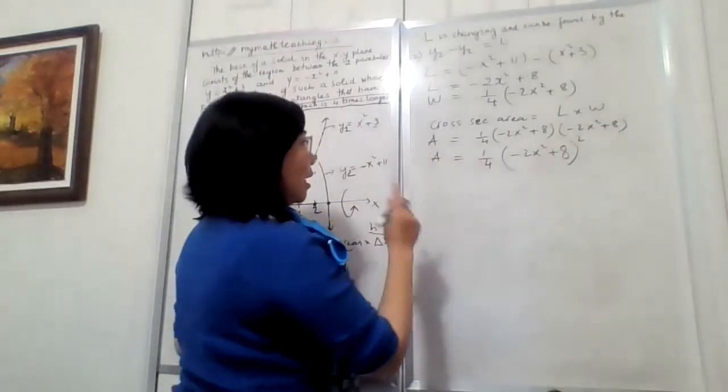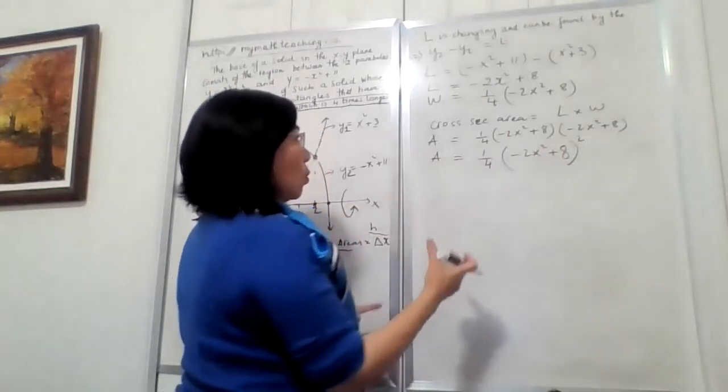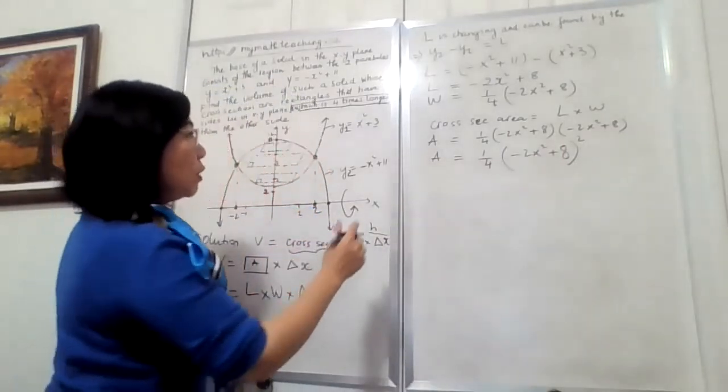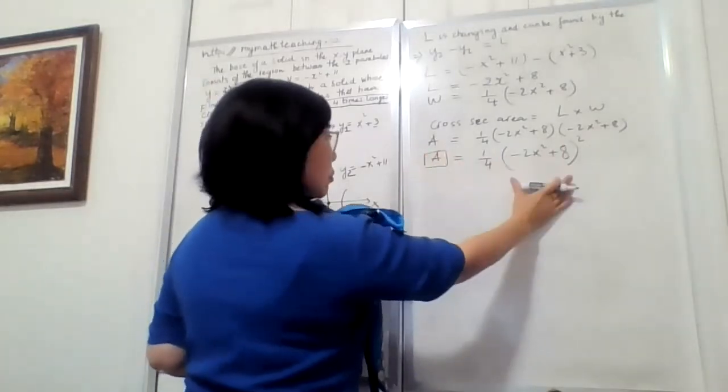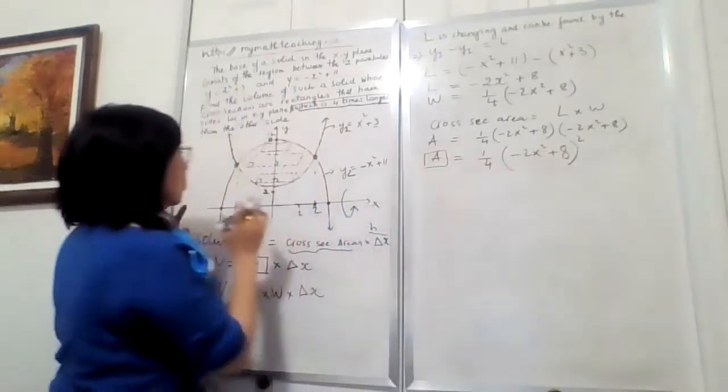So now at this point, we know our cross-sectional area function, which is this one.